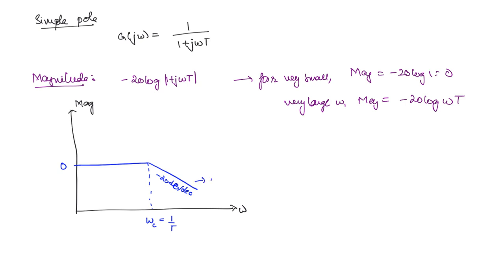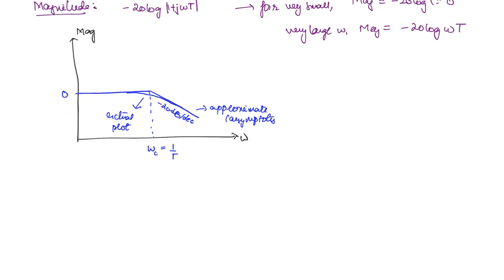Once again, this is the approximate plot, and we call these lines as the asymptotes, and the actual plot is going to be slightly different. This is the actual plot. Once again, you can find what is the magnitude at the corner frequency for the actual plot. Okay, you are going to get minus 3 dB.